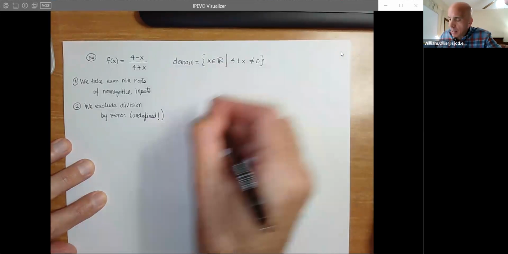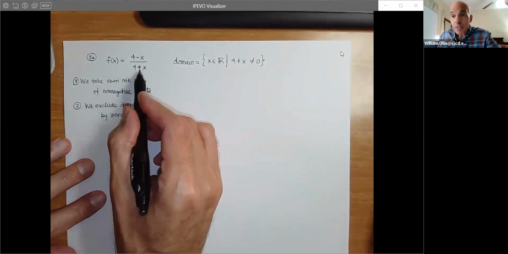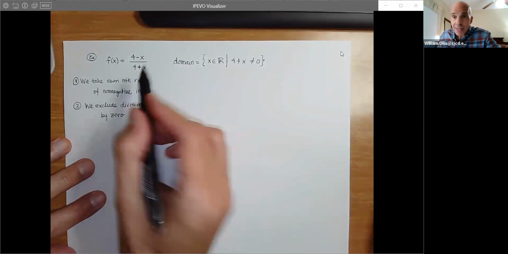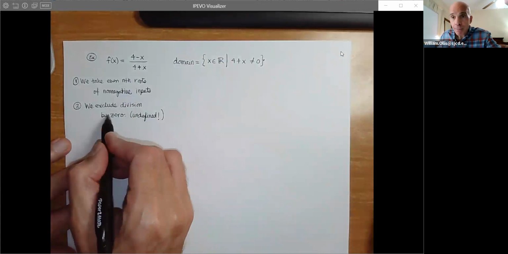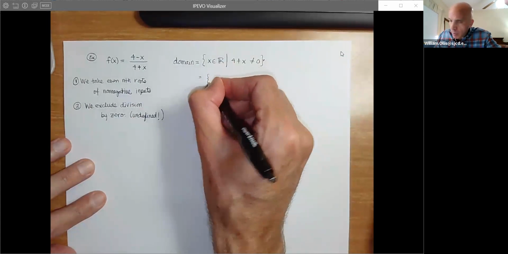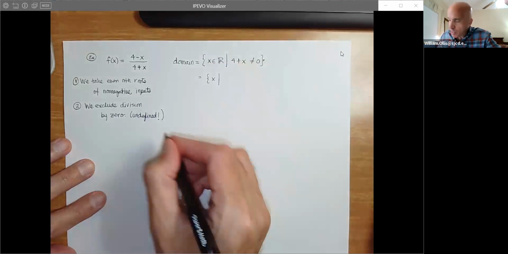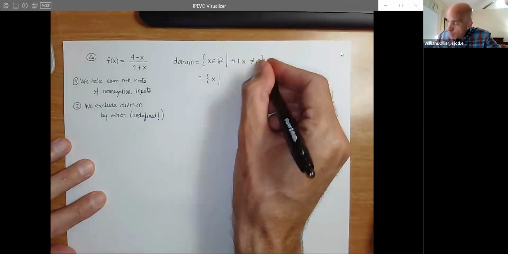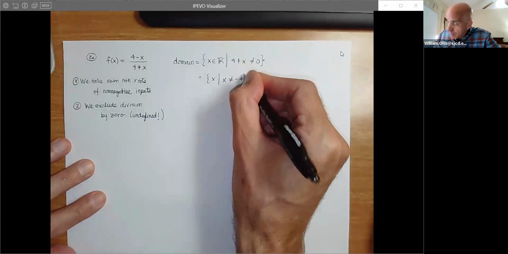Now, again, we might have a fractional formula. Maybe the denominator is never 0. That's okay. Then we don't have to exclude anything here in part 2. But what this means is that now, maybe less formally, we'll just say x, assuming that it's going to be real, we'll just transpose x does not equal -4.